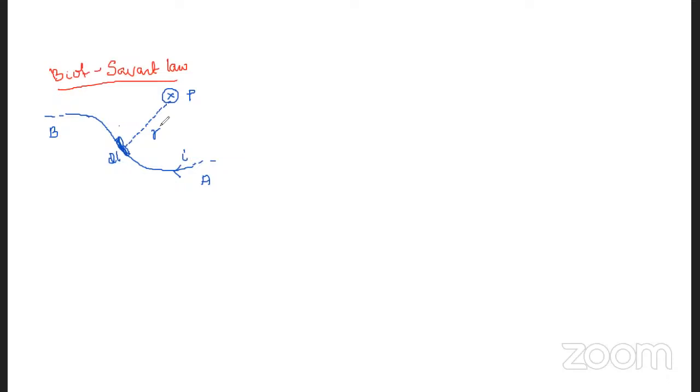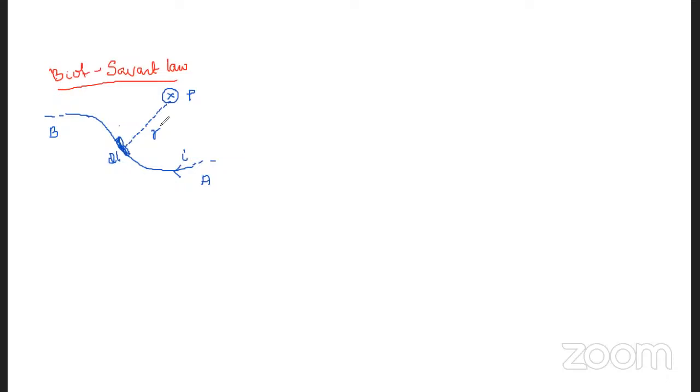That means the entire conductor AB is divided into smaller current elements, we calculate the magnetic field due to a small element, and then we sum all these infinitesimally small contributions to get the total magnetic field due to the entire conductor.